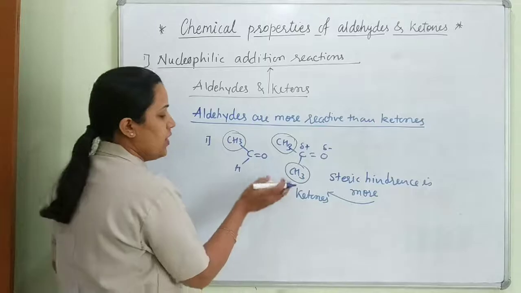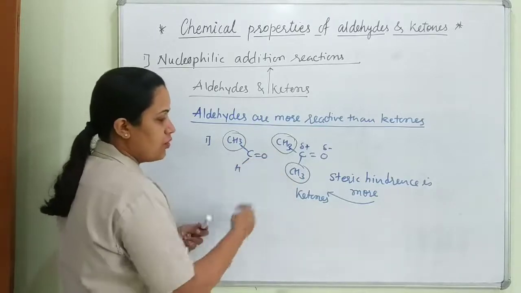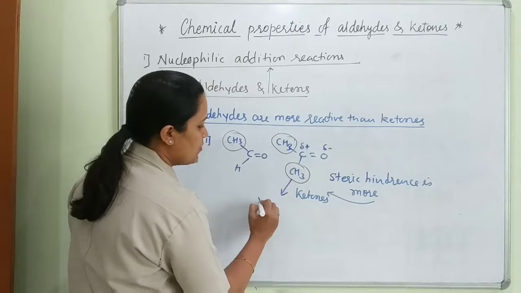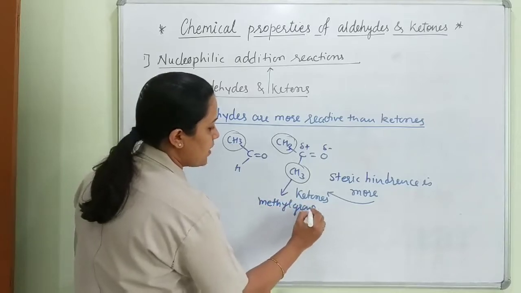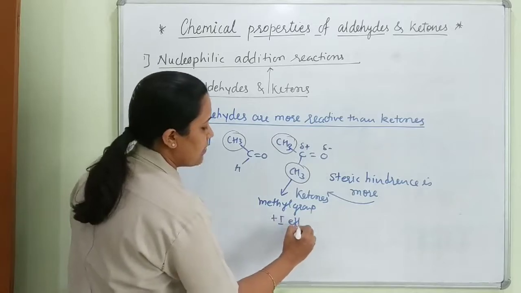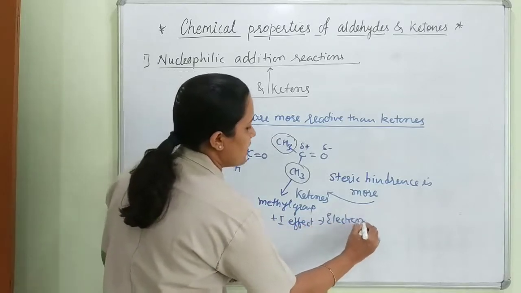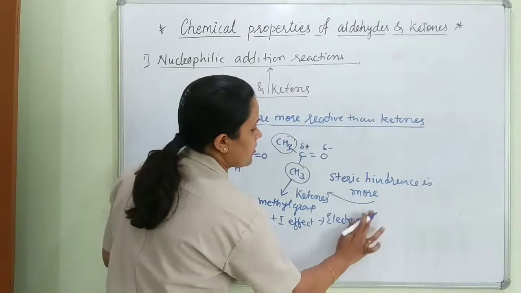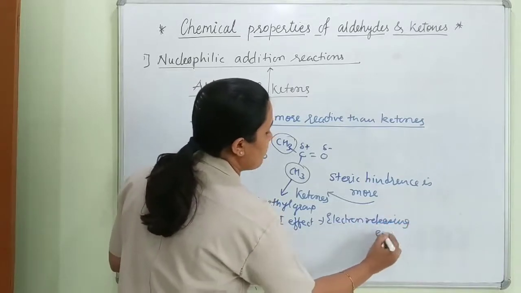and a partial negative charge on oxygen. Now due to the presence of more methyl groups, and these methyl groups have a tendency of plus I effect, it means an electron releasing effect.